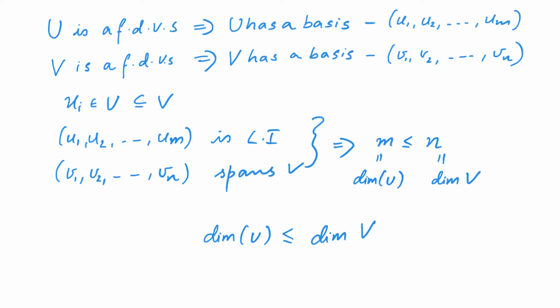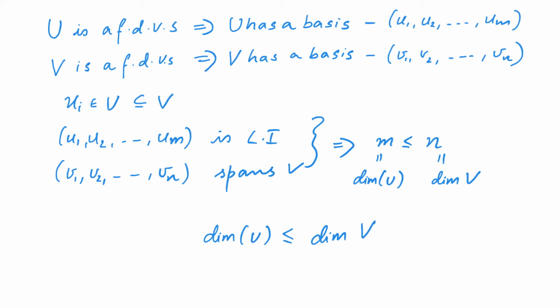In this proof, we saw that every linearly independent list of vectors should have length less than or equal to the basis. Why? Because the basis is a spanning list of vectors. But the length of the basis is equal to the dimension of the vector space.